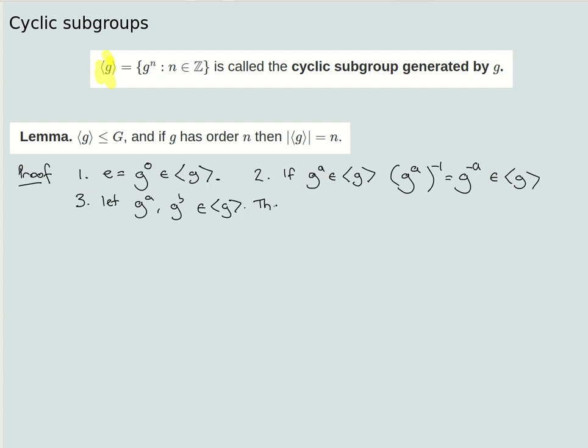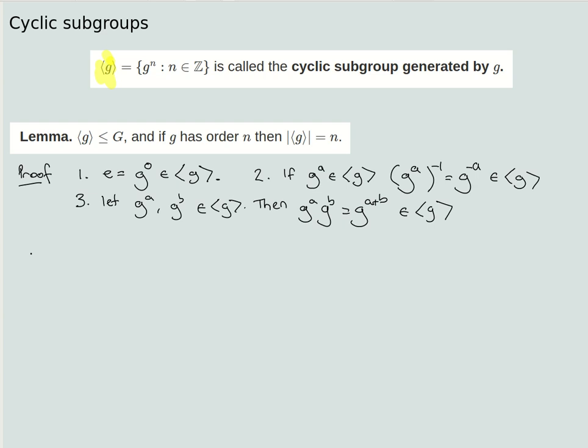And then if I multiply them together, g to the a times g to the b under our group operation is g to the a plus b by the exponent laws, and that is in this cyclic subgroup because the cyclic subgroup is the set of all powers. Okay, we've passed all three subgroup tests, so what we have is genuinely a subgroup, and it makes sense to actually call this thing the cyclic subgroup because it really is a subgroup.